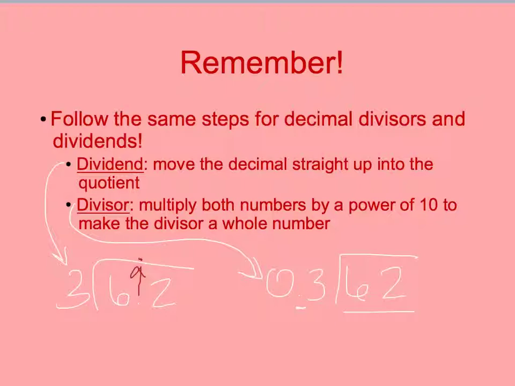When you're dividing two decimals, say 3 tenths and 6.2, you're going to follow the same rules as you would with a decimal dividend and a decimal divisor. It's very much the same process. It's just a matter of keeping all of the procedures straight.